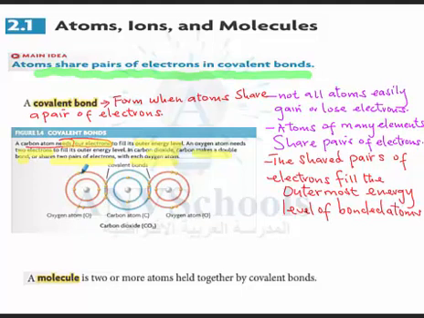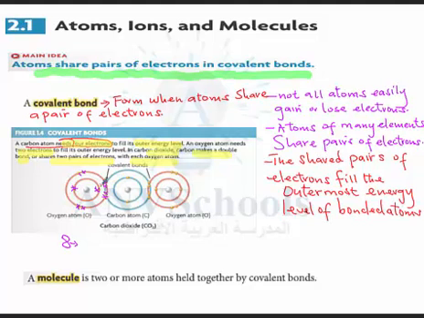We know that in the outermost energy shell, normally oxygen has 8 electrons. 2 electrons will go in the first energy level, then the remaining 6 will go to the next energy level. But here, you can see that these electrons are shared.